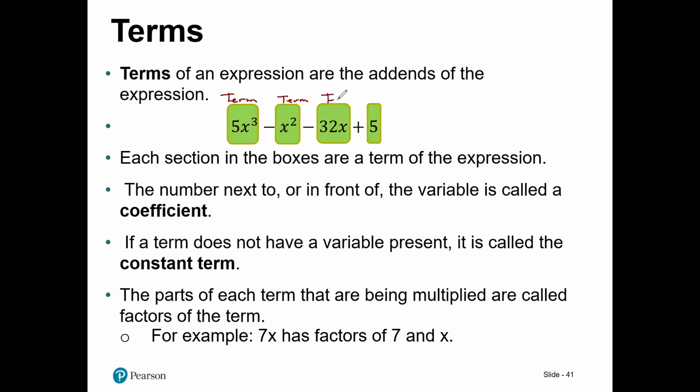You can have a constant term. Each section in the box represents a term. The number in front of the variable is your coefficient. The one that doesn't have a variable is your constant term.